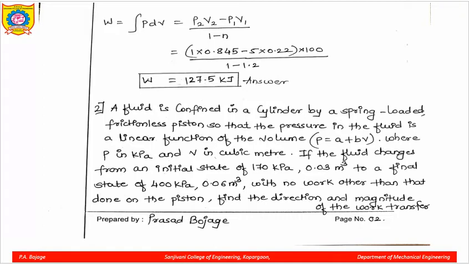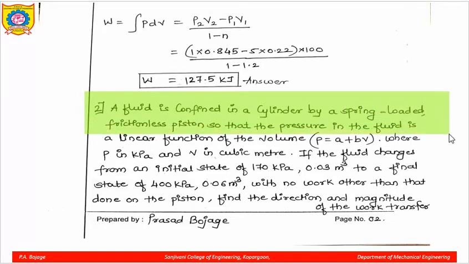Now, let us see the next problem. A fluid is confined in a cylinder by a spring loaded frictionless piston, so that the pressure in the fluid is a linear function of the volume, P is equal to A plus B into V, where P is in kilopascals, V in cubic meters.